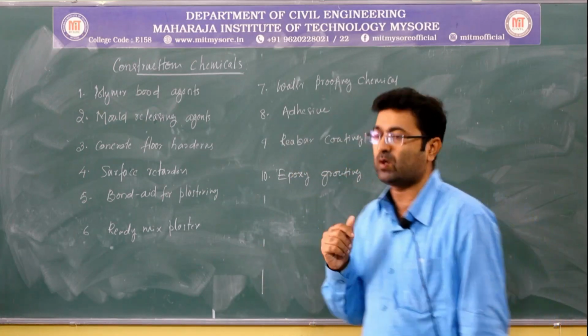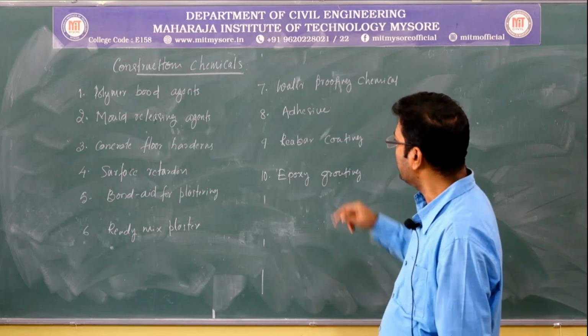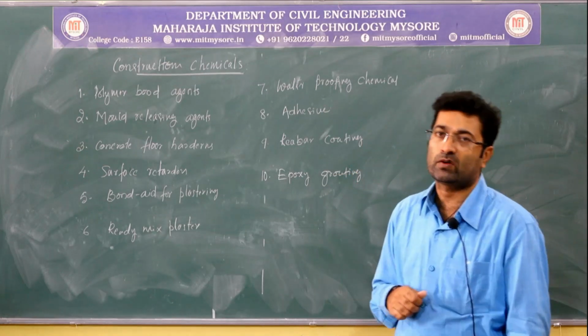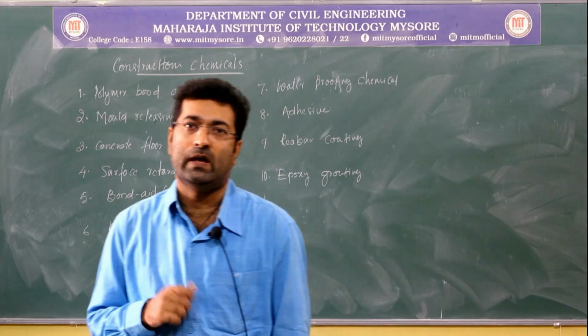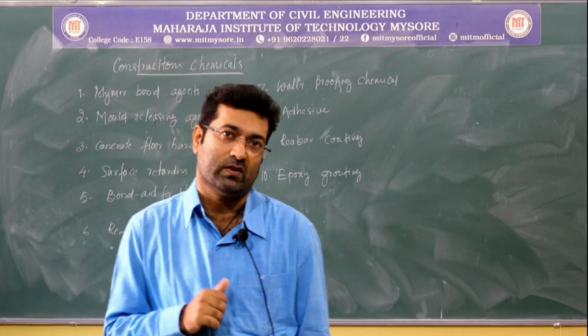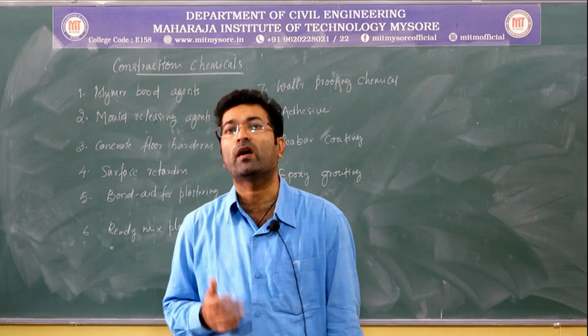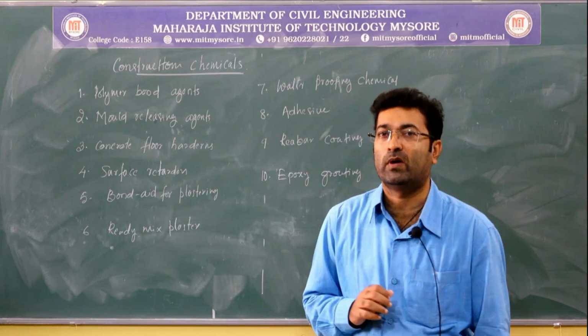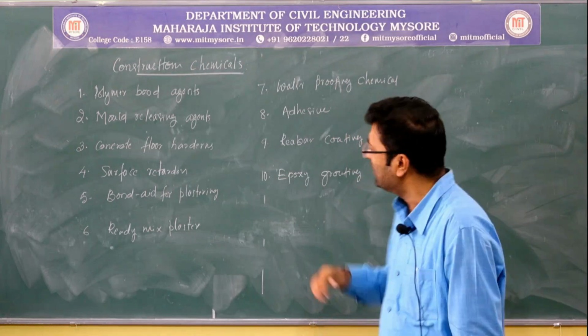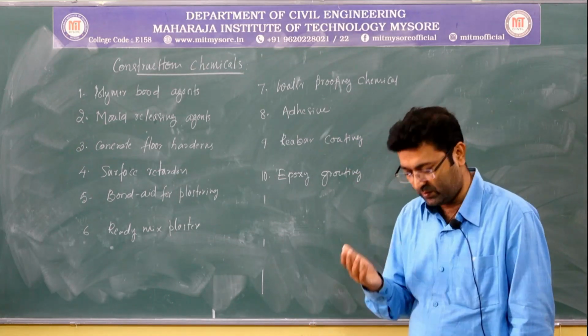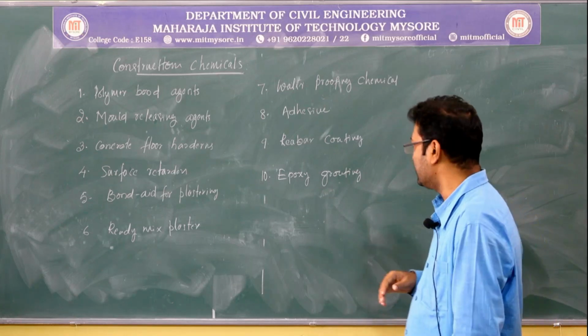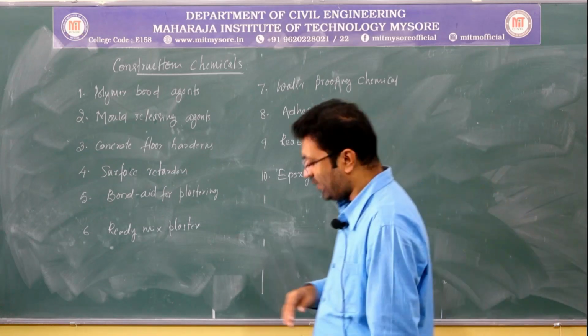To avoid that corrosion, we use this rebar coating chemical, which is applied over the reinforcing bars before placing them into the concrete, so that it will avoid the corrosion of the steel bars in the concrete. It is not a very popular chemical because the cost is a little bit higher, so usually people don't use this. The last one is epoxy coating.